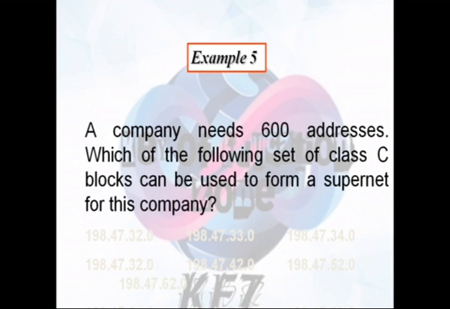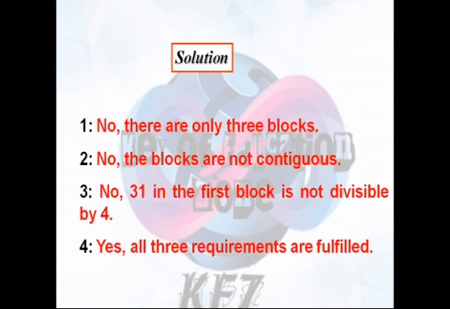See here, if your company has 600 addresses, which of the following sets of C blocks can be used to form a supernet for this company? Sorry, I made a mistake earlier, it is 600 addresses.